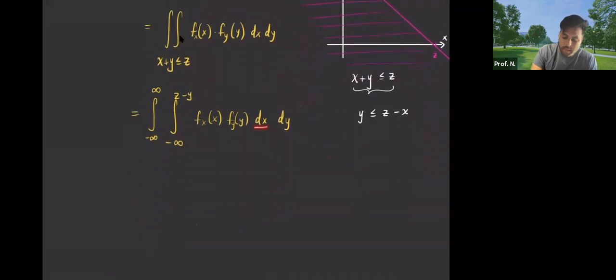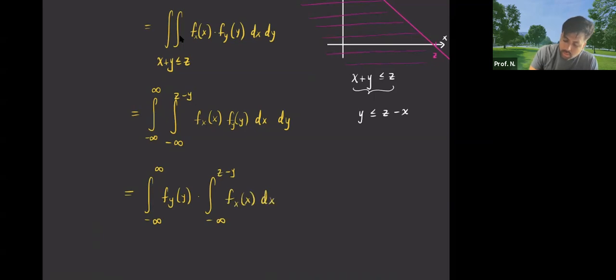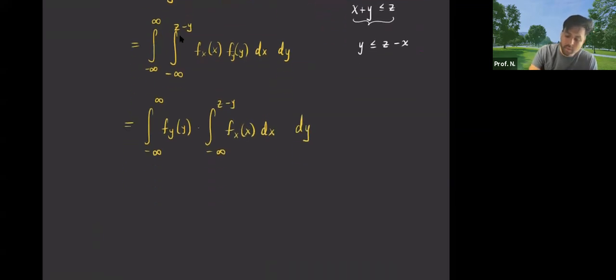Okay? And because this inside integral is just with respect to x, I can take out the f of y. I can take that out. And this becomes f of y times the integral from negative infinity to z minus y of f of x dx, and then dy. And then this here is the CDF of x.